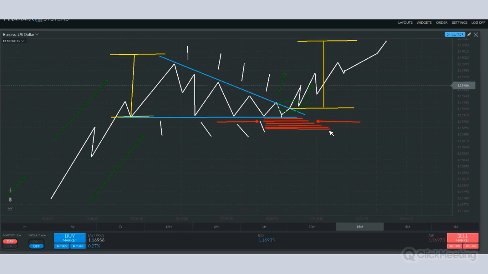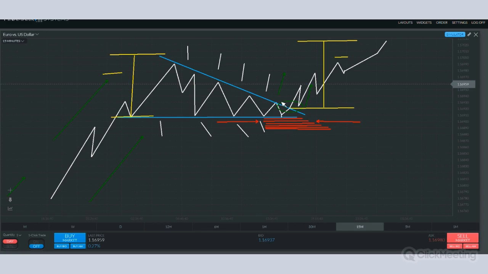Say that's 20 pips, so the distance between this spot and this spot should be the same. Now, the take profit goal during a bullish uptrend and a break of the triangle doesn't have to travel only that far. It could keep going a lot farther. Maybe it goes shorter, but this is just a very good generalization of where we would expect price to go and where a lot of traders will set a take profit goal.